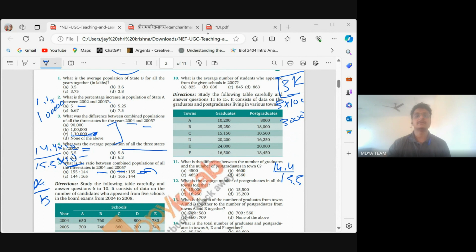This is very basic maths. I'm telling this so that there will be no difficulty while doing calculation. For example, you have to divide the number 345 by 0.005.